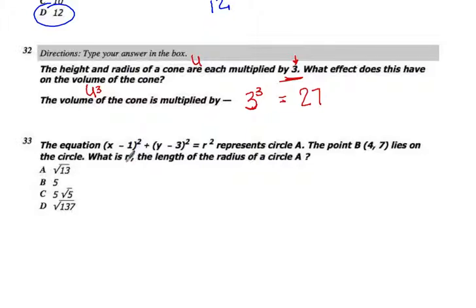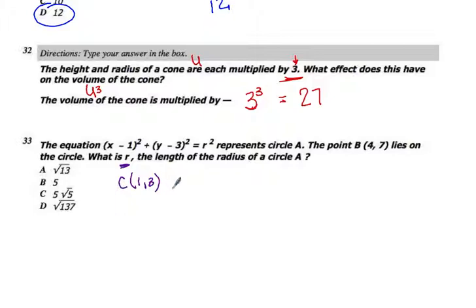Equation, x minus 1 squared plus y minus 3 squared equals r squared represents circle A. The point B, which is 4, 7, lies on the circle. What is the length of the radius of circle A? Well, our center of the circle is going to be 1, 3.